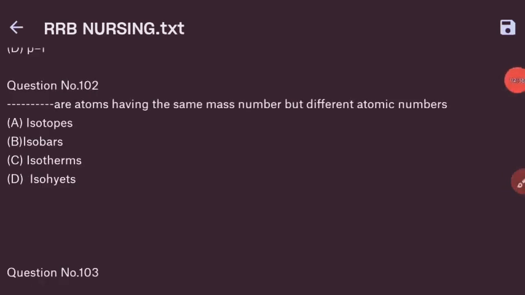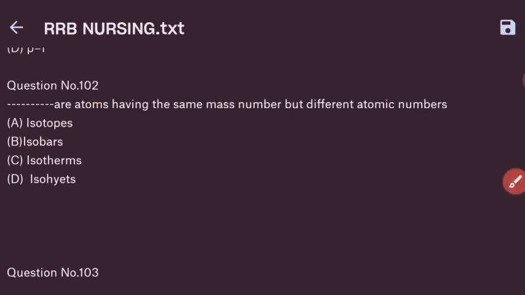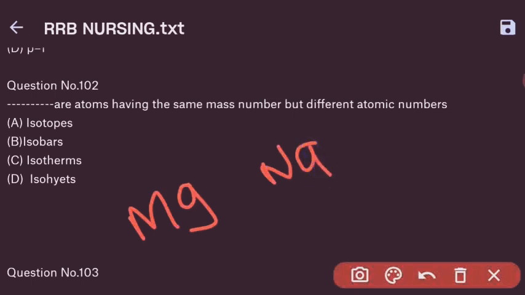Are atoms having the same mass number but different atomic numbers? So here our right answer is isobar. B is the right answer. Isobars are atoms that have the same mass number and a different atomic number. Let me explain with the example of magnesium and sodium. 12 is the atomic number of magnesium and 24 is the mass number of magnesium.